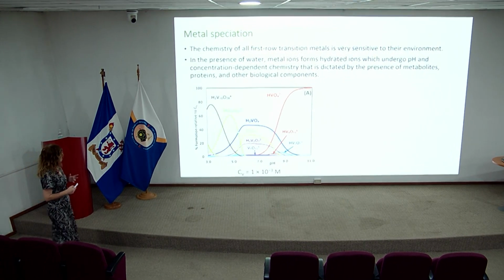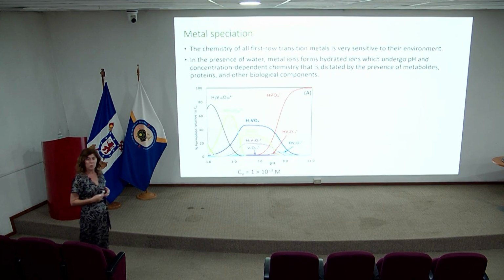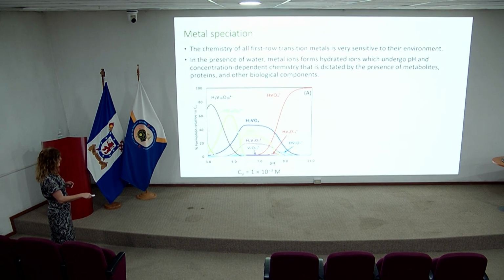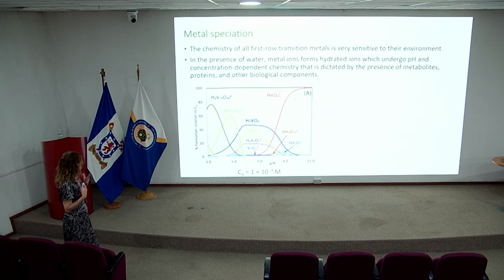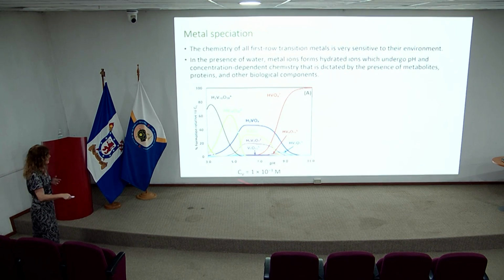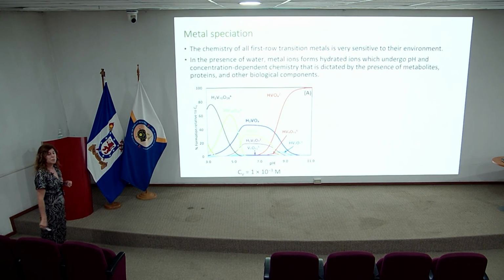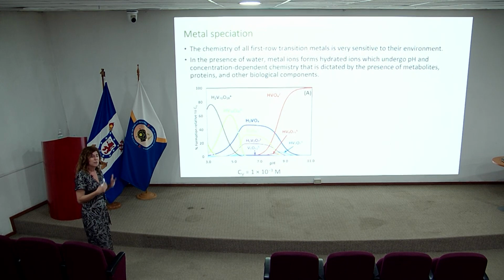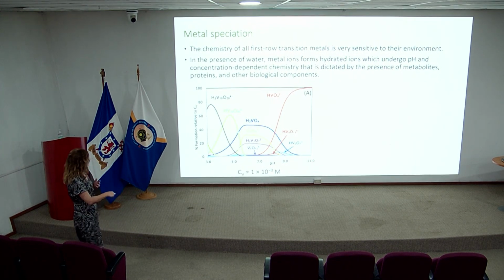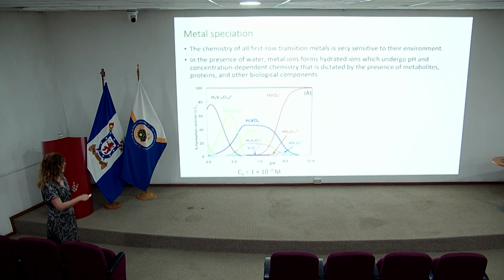I show you here a speciation diagram. I will show you some during this lecture, in which you can see the pH and here the percentage formation relative to the concentration of vanadium, so like a molar fraction of each species. This diagram is made for millimolar concentration, and you see that for these vanadium-5 species, in a wide range of pH, a lot of species are present at the same time.